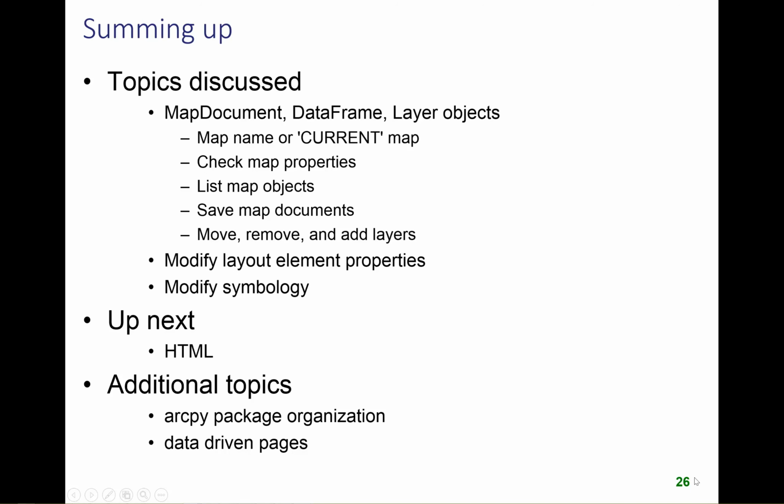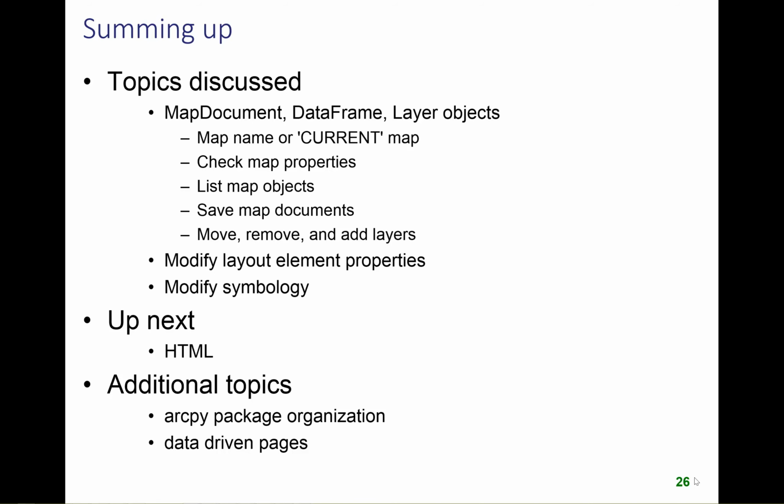This lecture covered most of the functionality of the arcpy mapping module. We saw that there are MapDocument, DataFrame, and layer objects. We know that we can use the full path file name of a MapDocument when we're outside of the ArcMap environment, and when we're inside we can use current to create the MapDocument object.